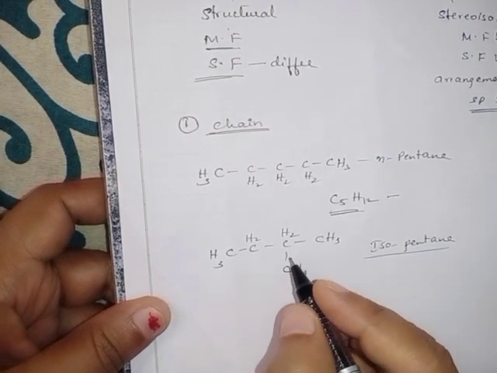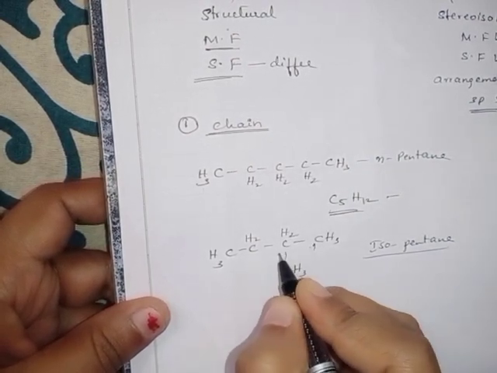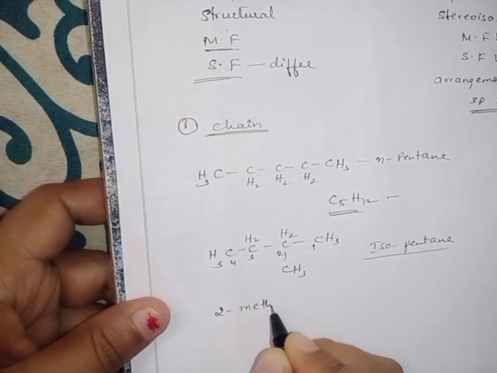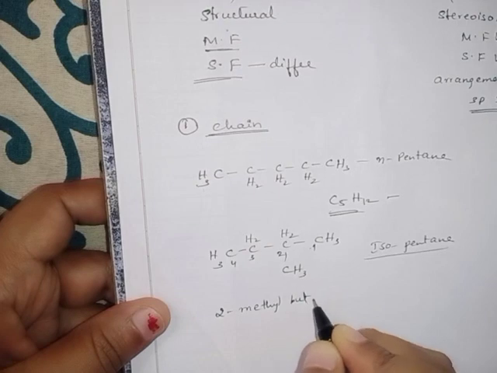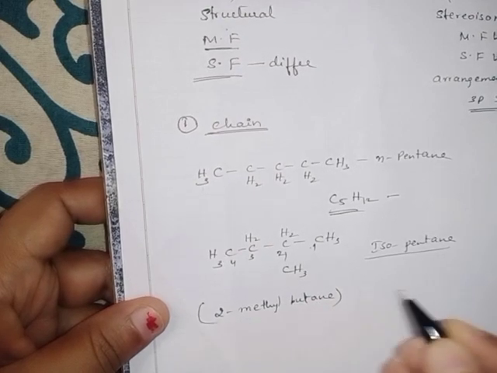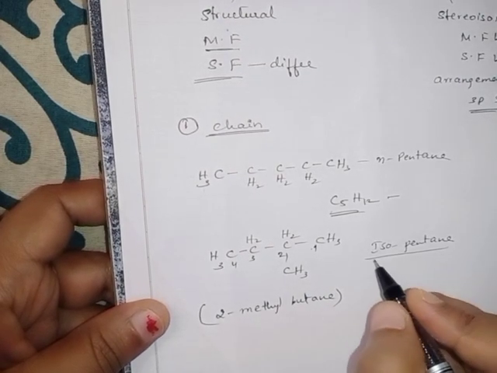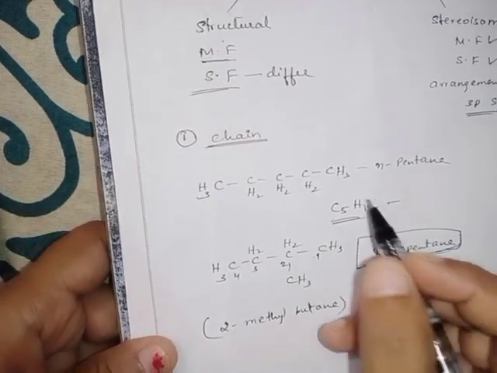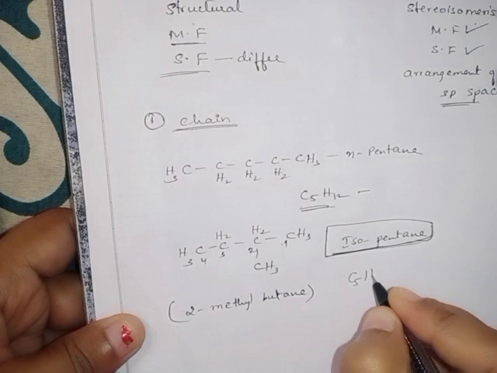In the IUPAC name, we call it 2-methylbutane, but in the common name, we call it isopentane.